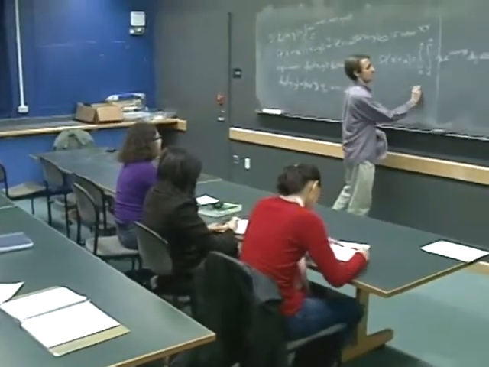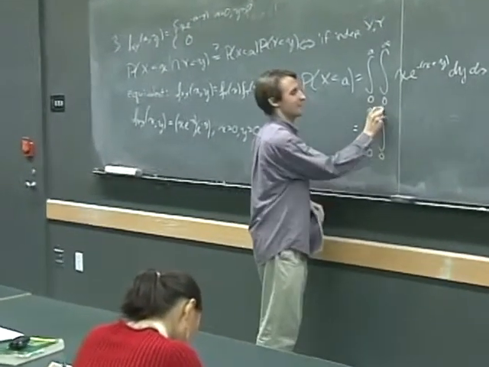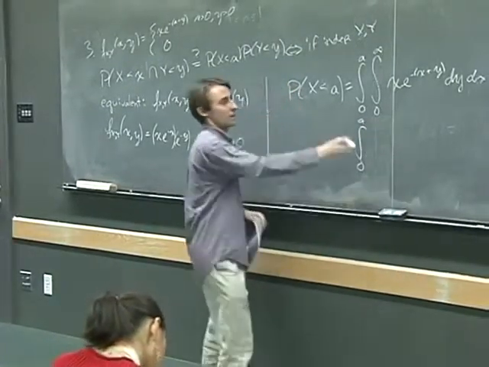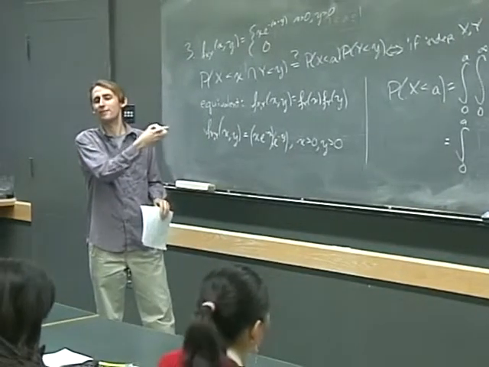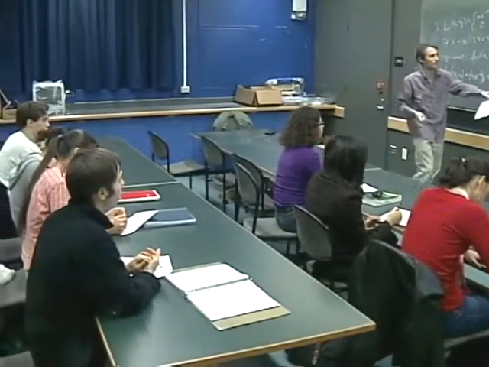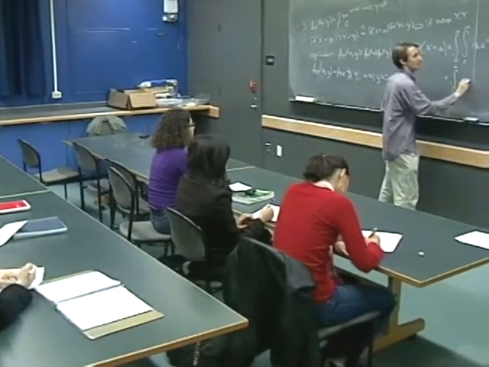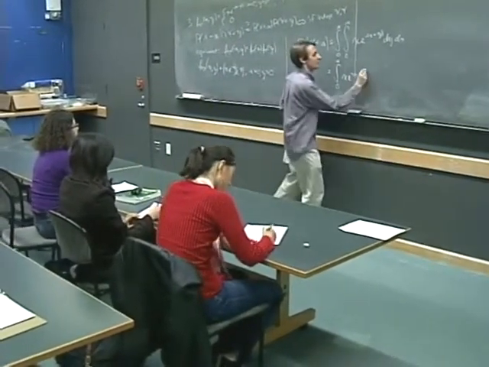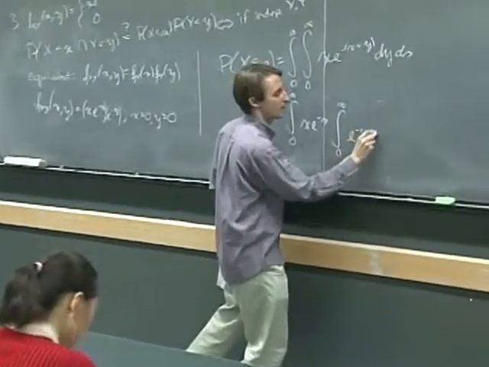Okay, now let's use our factoring knowledge. Oh, actually, I already messed it up. First, remember we can take a piece out of the double integral that doesn't depend on the variable that we're integrating. There are many ways you could solve this. I'm just proposing one, but what I would do is first pull out the x e to the negative x. And then on the inside, all we have is the integral from 0 to infinity of e to the negative y dy.